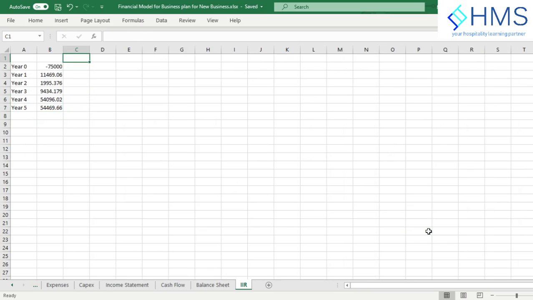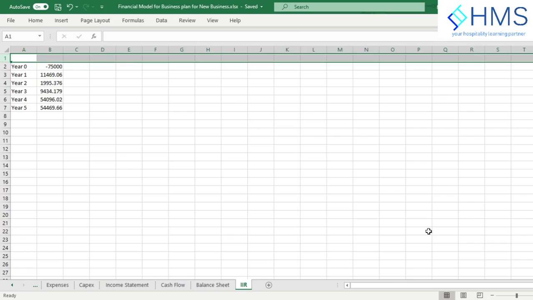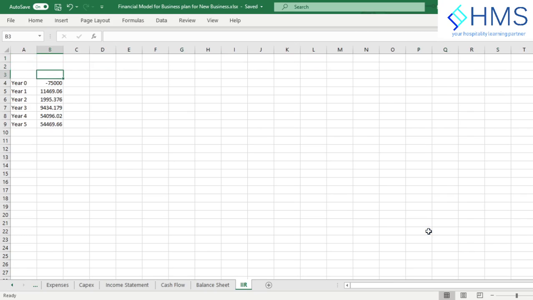One way is to calculate a net present value. The net present value shows that even though in total we are making money, and when you say the IRR is, you can just use a formula here, equals IRR, all these values, we get 15% IRR.